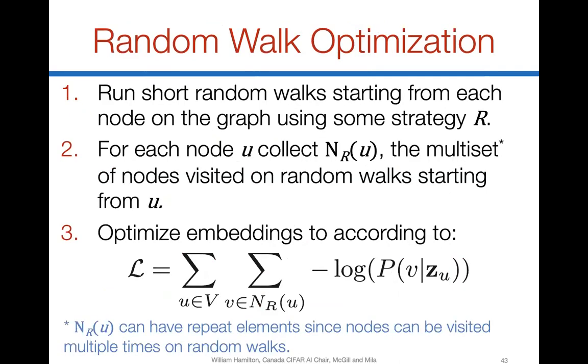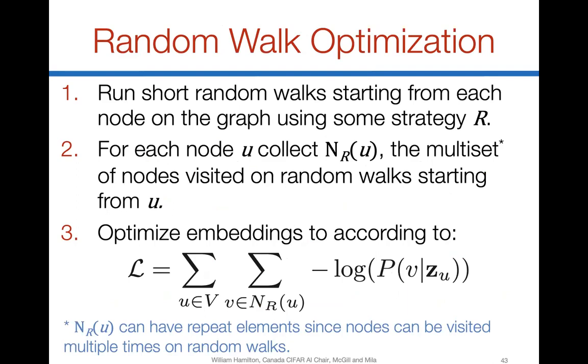To give a bit more technical detail on how these random walk techniques work, first we're going to run short random walks starting from every node in our input graph using some random walk strategy R. You can think of this for now as just running completely random, uniform random walks over our graph.